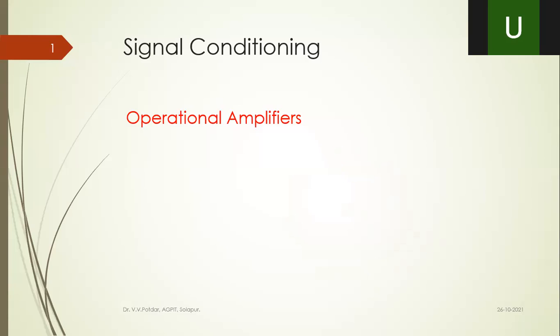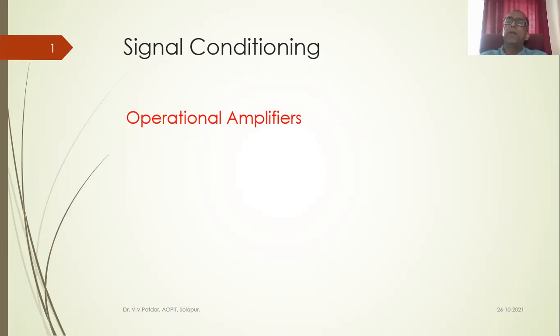Last class, we just introduced ourselves to the importance and need of signal conditioning devices. Once the sensor transducer senses the physical parameter that we want to control or display, that sensed signal will be sent first to the input signal conditioning devices, and after processing it will be sent to the controller.